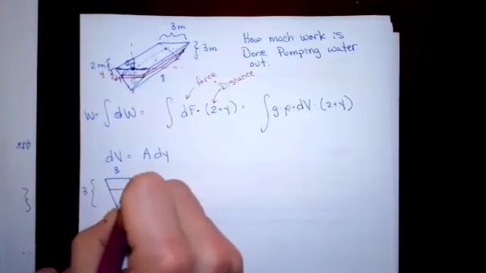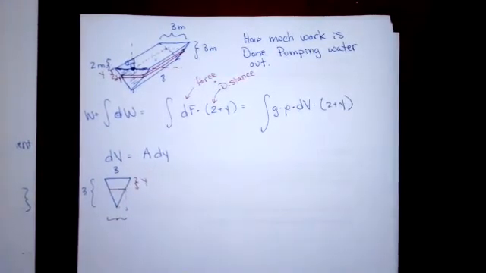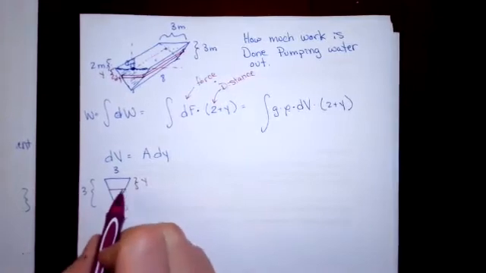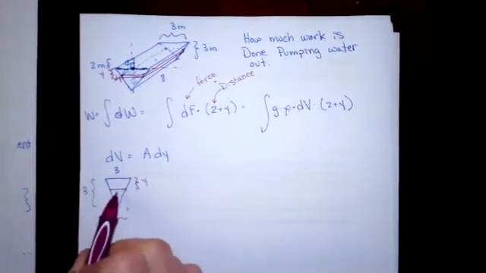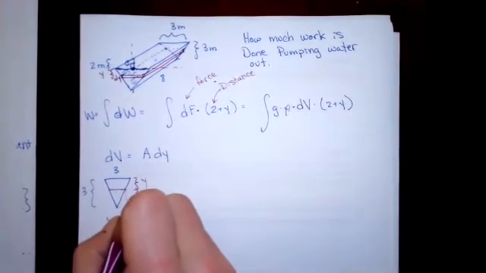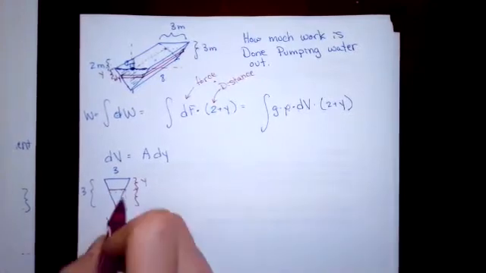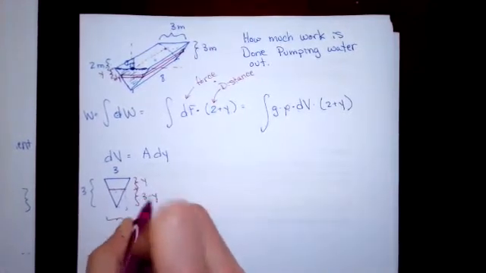And we measured that distance as y. So y was our distance from the top to the depth of the water, or to the depth of this slice, which means that this other side is going to be 3 minus y.